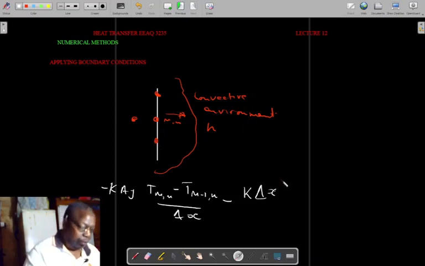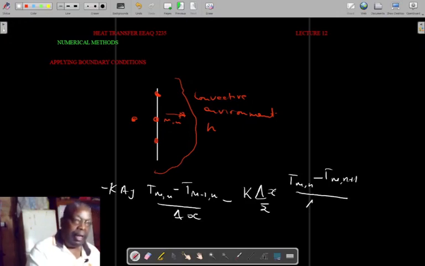So that will be delta X over 2, T M,N minus T M,N plus 1, that is the one at the top, over delta Y.